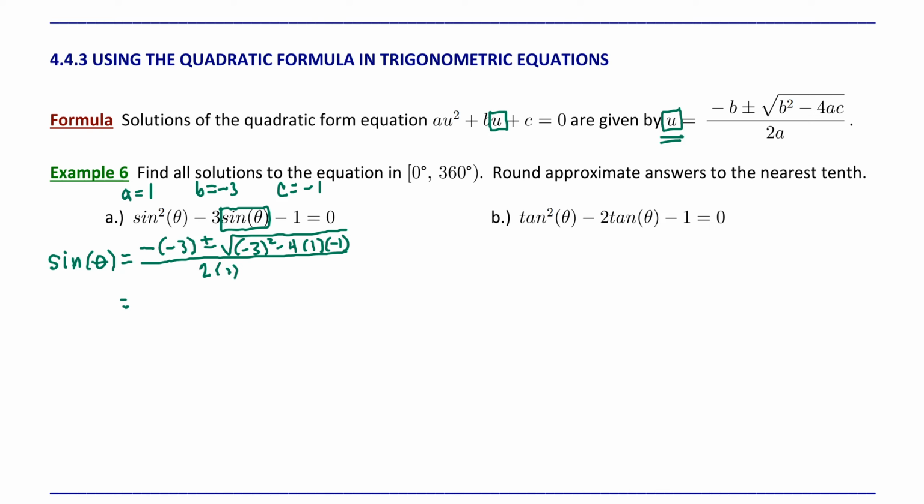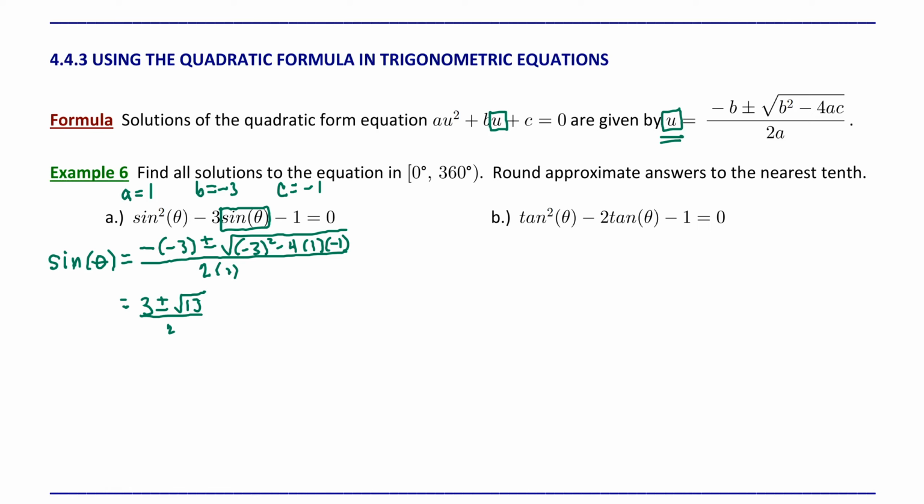So simplifying, we have 3 plus or minus. Underneath the radical, we have -3 squared, which is 9, plus 4. 9 plus 4 is 13, divided by 2. And this cannot be simplified any further.